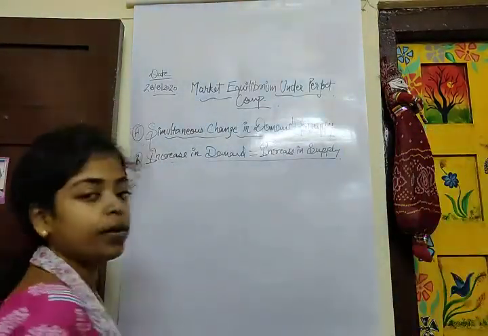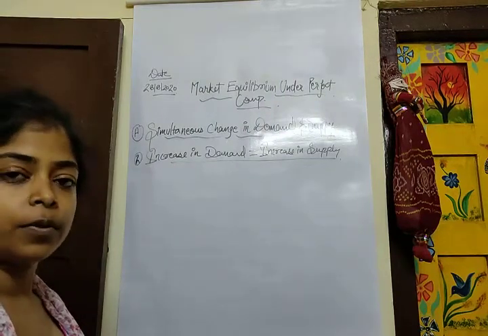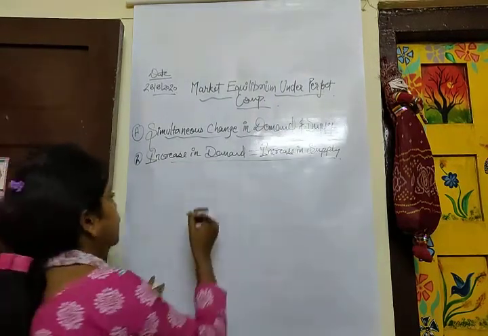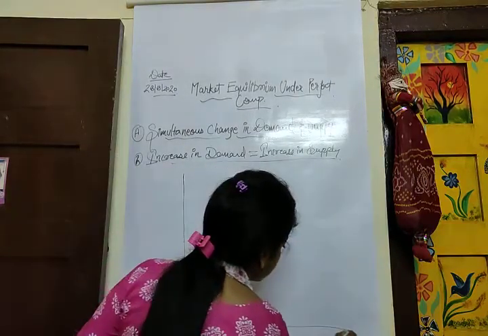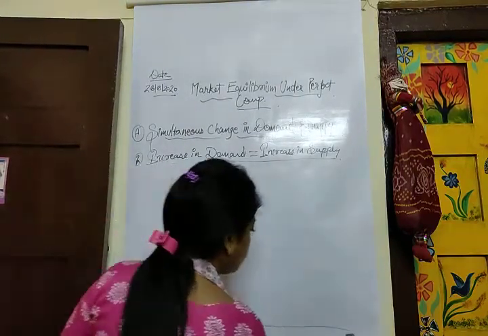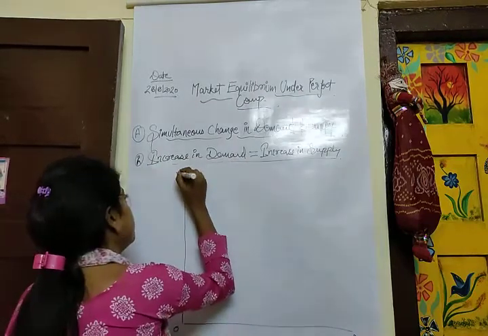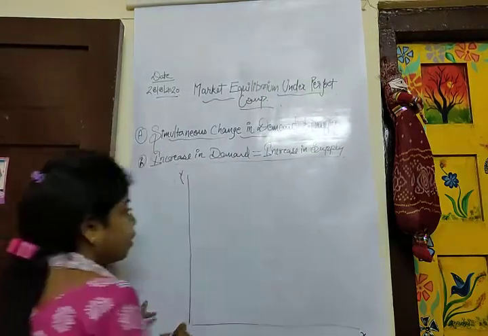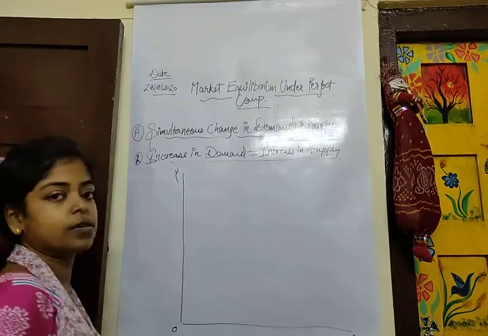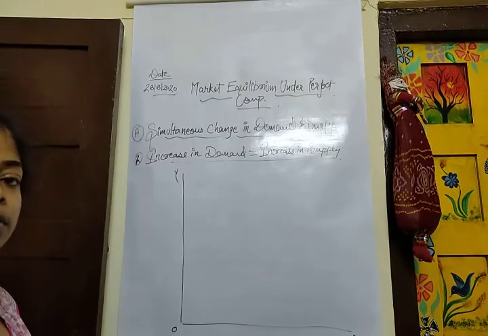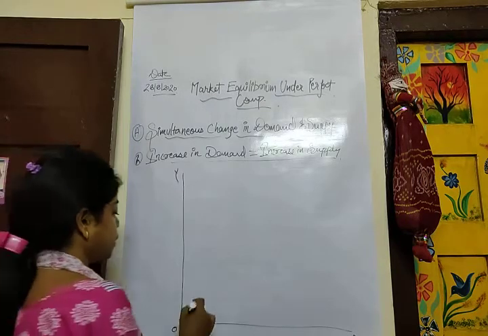Firstly, what we have to do is to draw the market equilibrium with the help of demand and supply. So this is the axis, this is 0, x and y. For showing the market equilibrium in a curve, we have to intersect the curve of supply and the curve of demand.